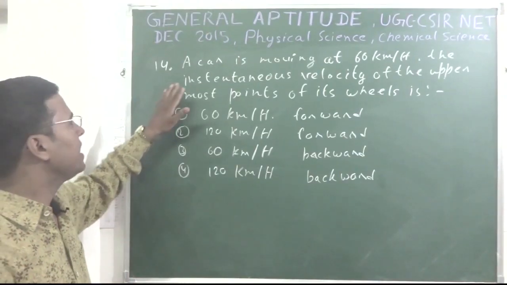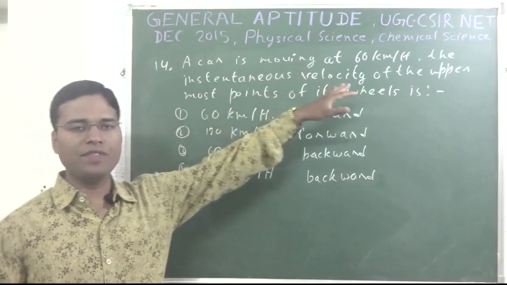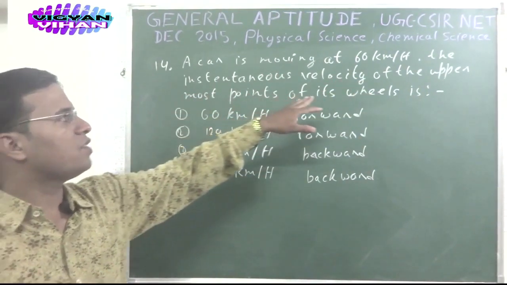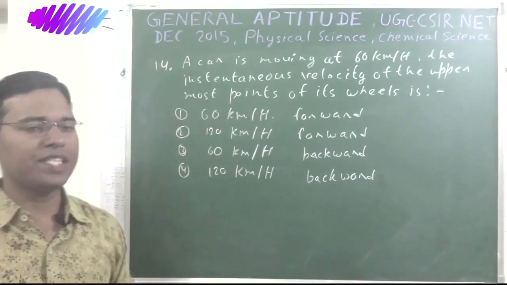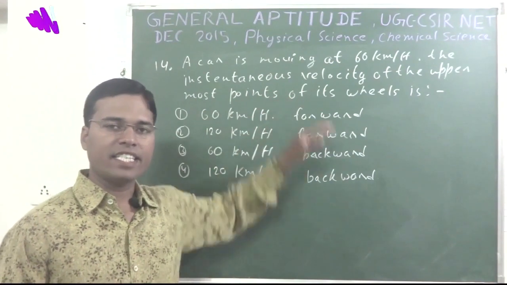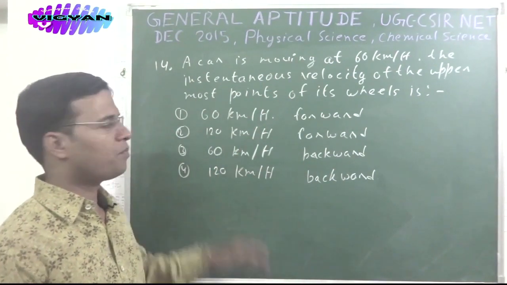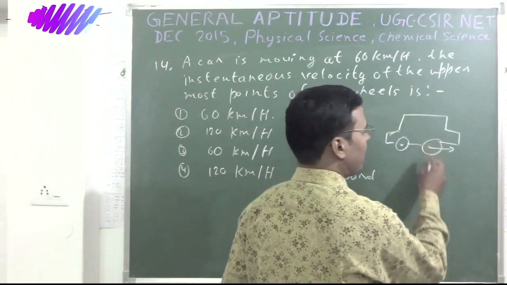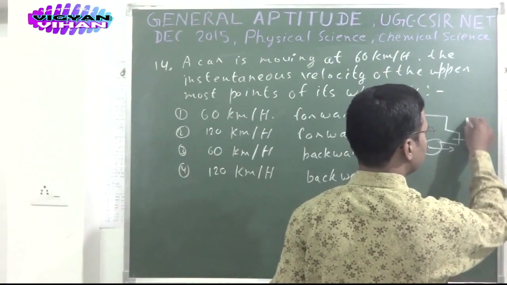Problem number 14. In this problem, a car is moving at 60 km per hour. The instantaneous velocity of the uppermost points of its wheel is, we will have to calculate the instantaneous speed of the uppermost point of its wheels. First assume the car is moving forward.